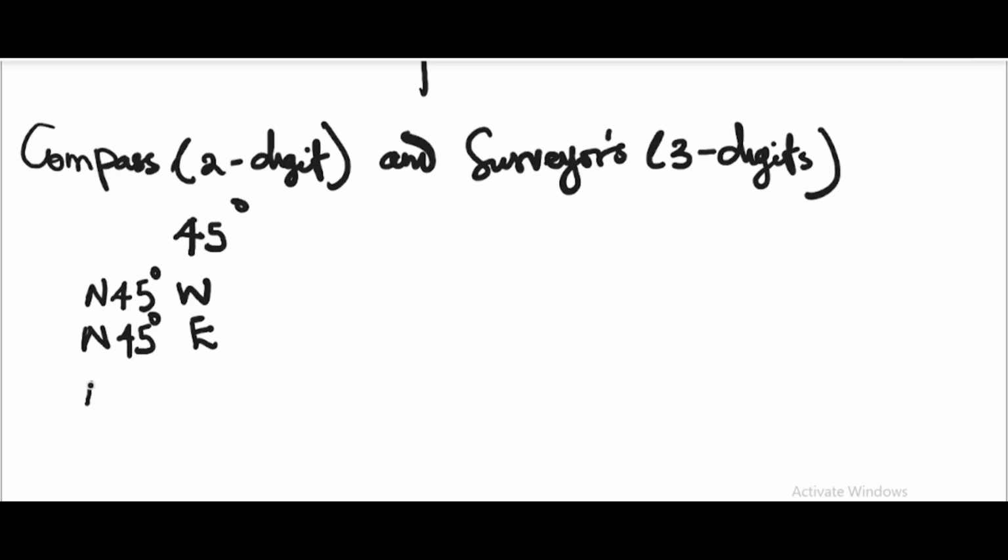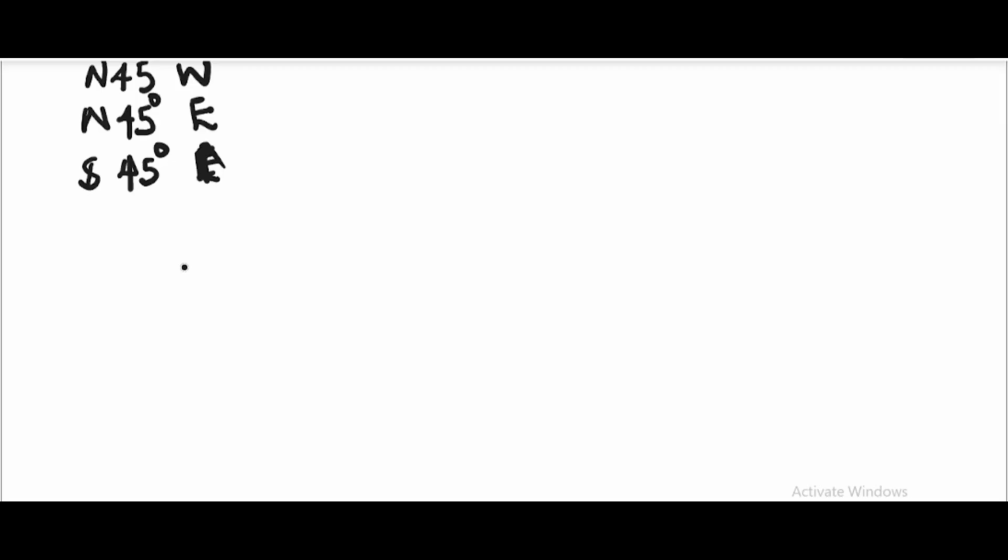Before I come to the surveyor's bearing, let's represent these. This is my north, this is my south, this is my east, and this is my west. So 45 degrees northwest will be in this quadrant where I have northwest. Since angles are measured from the vertical pole, I will indicate it here.